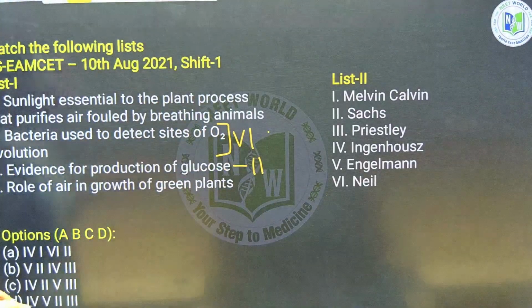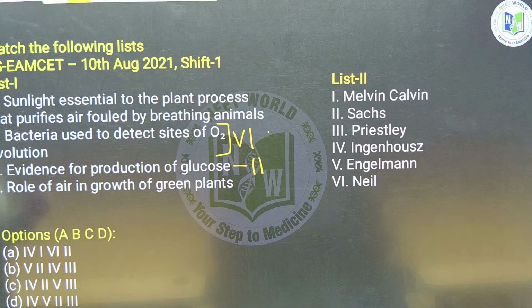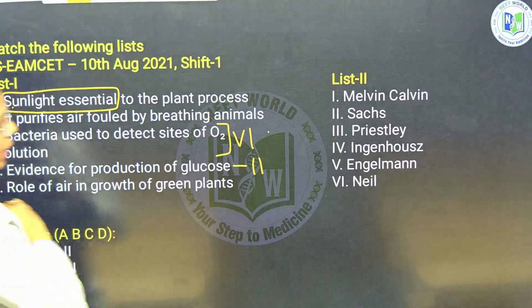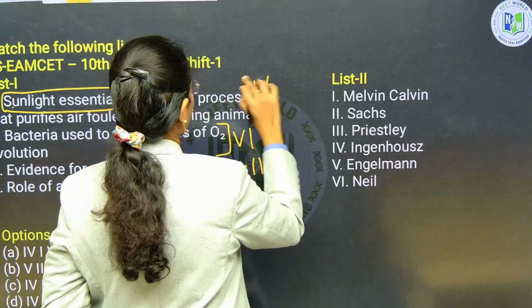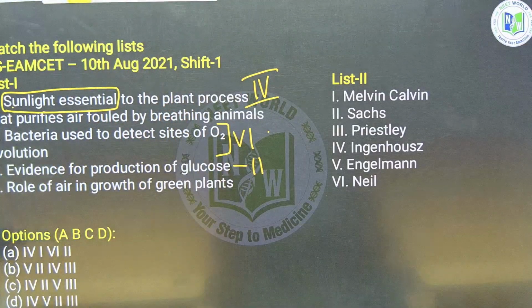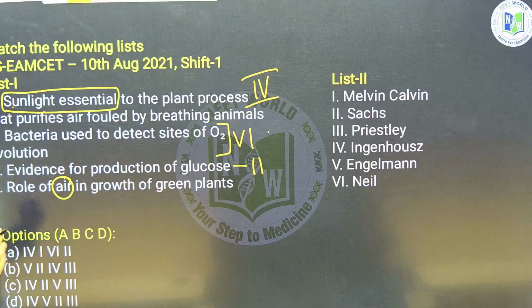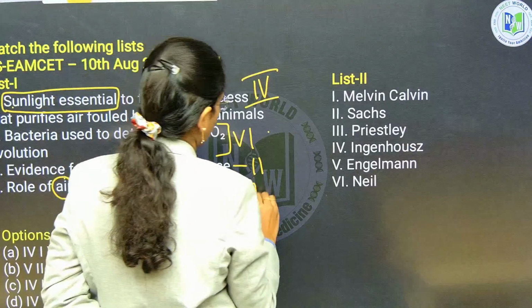Role of air in growth of green plants. Sunlight is essential for the process of photosynthesis, as said by Jan Ingenhousz. Fine, right? The role of air in plant growth is shown by the bell jar experiment by Joseph Priestley, which is option 3.